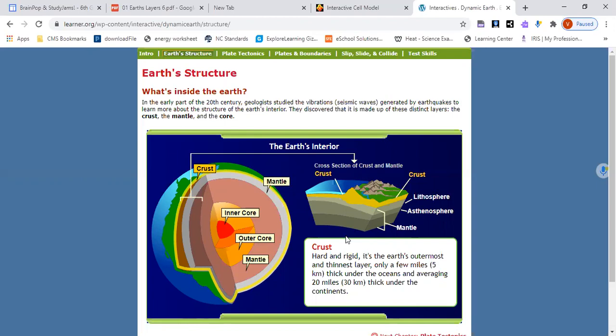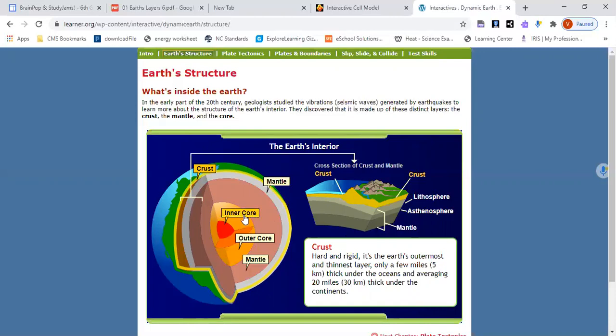So that initial place where we are standing or building our house is nothing but the crust. And it is hard, it's rich, it's the earth's outermost and the thinnest layer. If it is in the form of ocean, it will be only a few miles or a few kilometers. And if it is in the form of continents, it is 20 miles or 30 kilometers thick. That's it. Now, you play around.